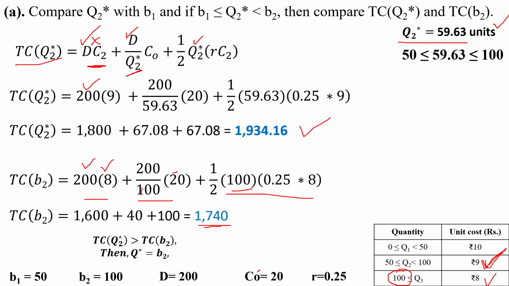So the total cost of Q2* is greater than the total cost of the B2 quantity. In this case, we have to choose the minimum, lowest cost. So we select the optimal quantity as the B2 quantity. Here the B2 value is 100, so the optimal quantity is 100 units. So this is the solution, and thank you.